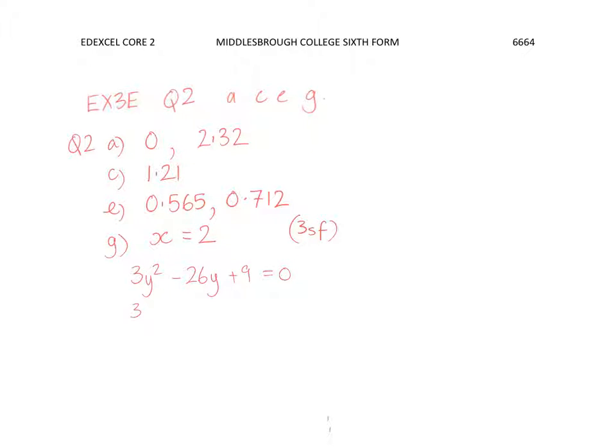We use 3y and y and 9 and 1. Was it a plus and a minus? Was it the others? Minus 9 and plus that one. Was that the right way round, or are they both minus?